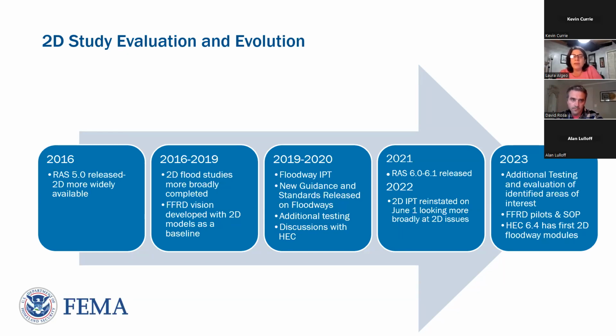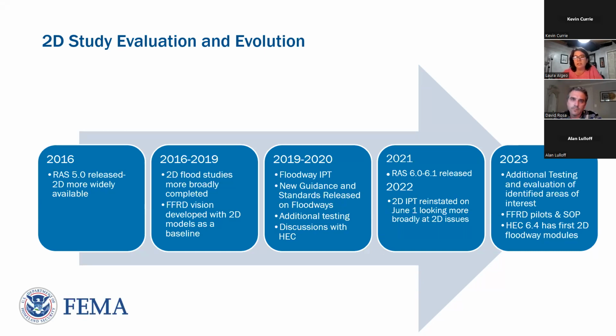That's about the time the idea of this FFRD vision, the Future of Flood Risk Data vision, was in its infancy, with an idea that two-dimensional models would be the baseline for some of that. As we started seeing more and better quality studies that could be put on a flood insurance rate map, and as we moved into using 6.2, 3, 4, 5 with more functionality, we really started to see some of the challenges with floodways specifically for two-dimensional modeling.